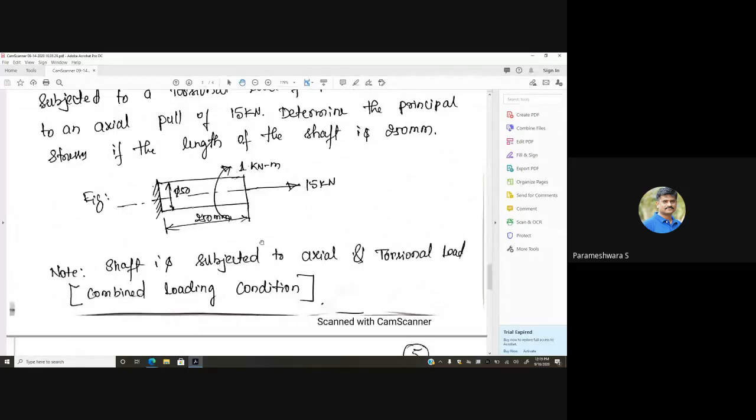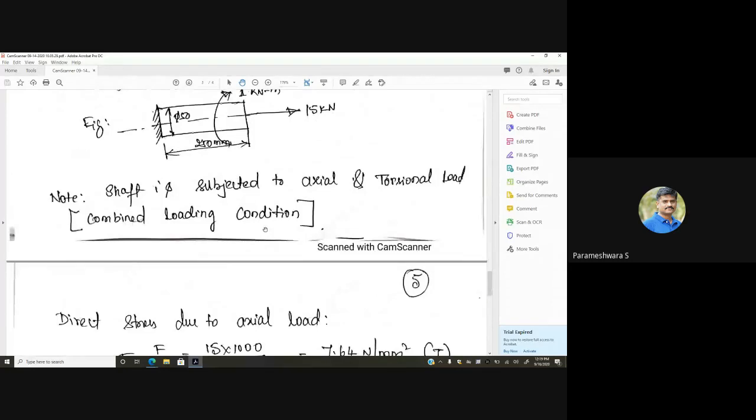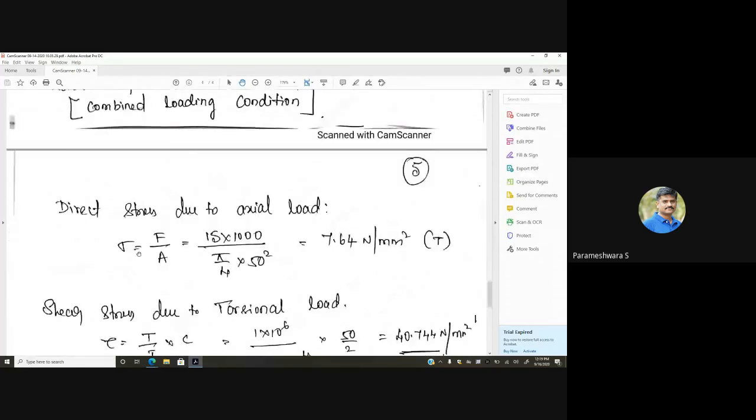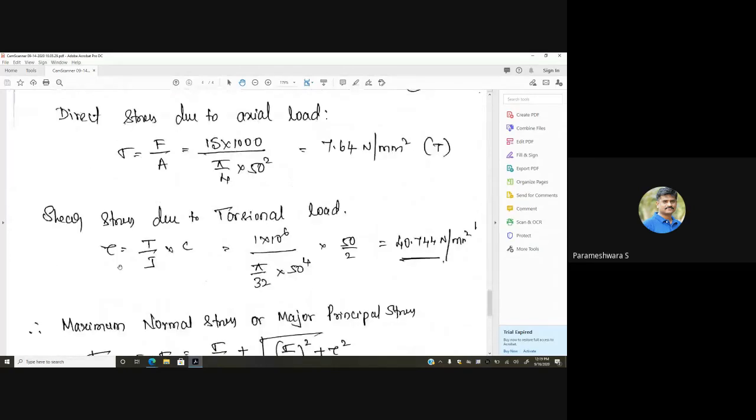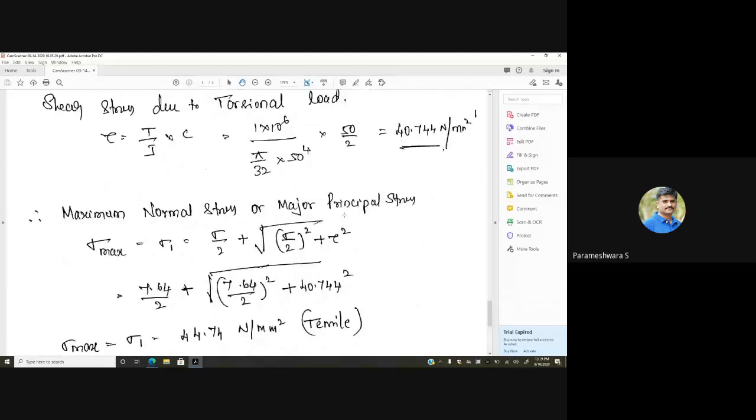What happens? You have to calculate the stress induced due to axial load, and later you calculate the shear stress induced due to torque T, and you have to combine both the values in order to get the maximum normal stress or minimum stress. For that we have a formula, taken from the compound stress chapter in the mechanics of material subject.